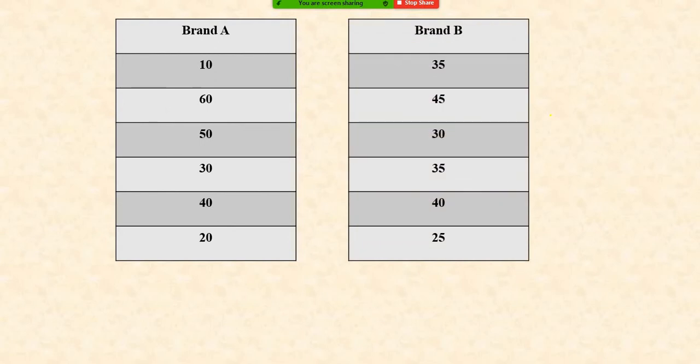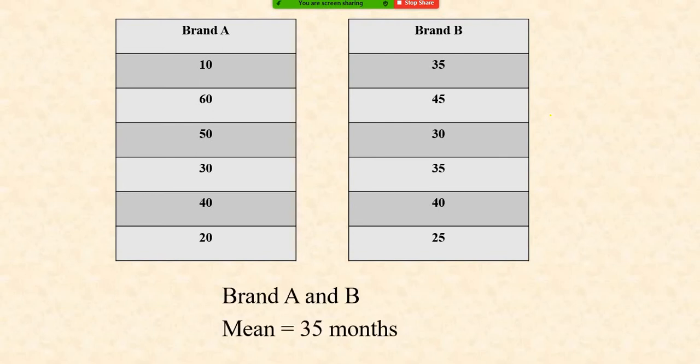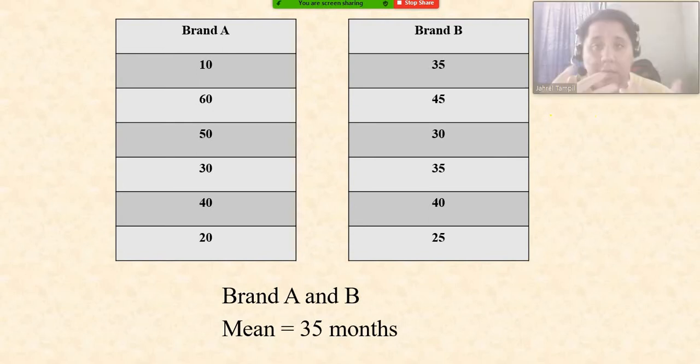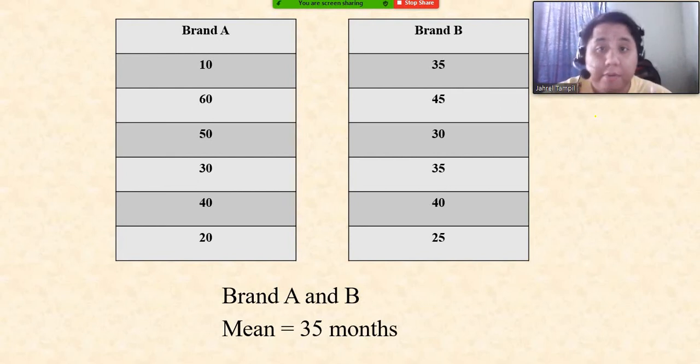If we're going to use the measures of central tendency that we talked about before, the one that we can use here is the mean to represent all the values. And finding the mean for both brands, we will have the following value. As you can see, the mean number of months for each brand is 35. The mean of 35 months gives us the impression that brand A and brand B have the same performance.